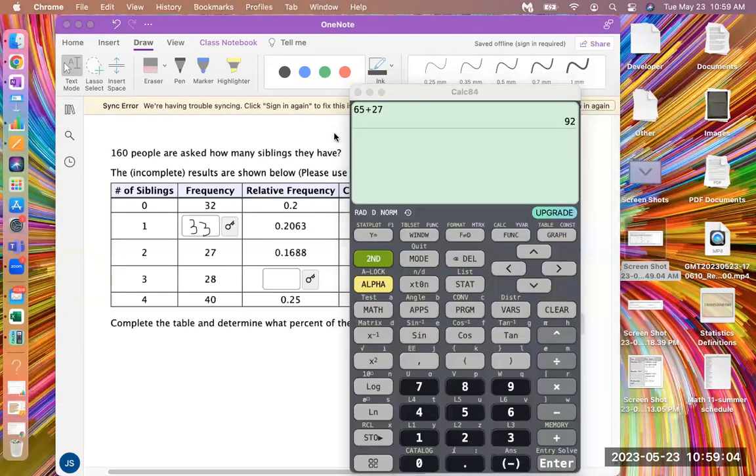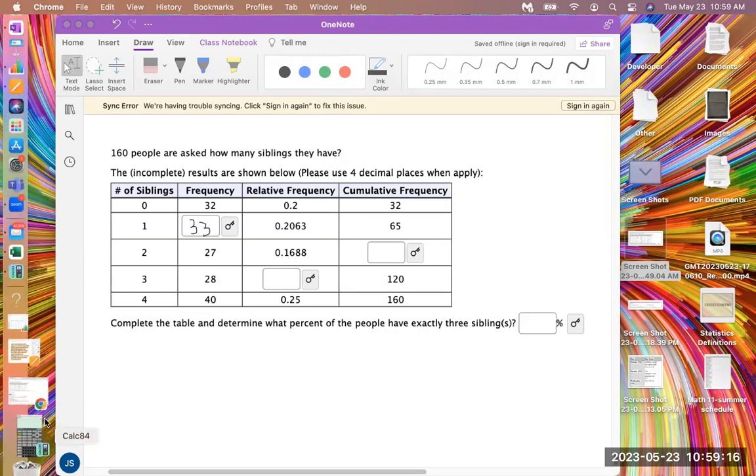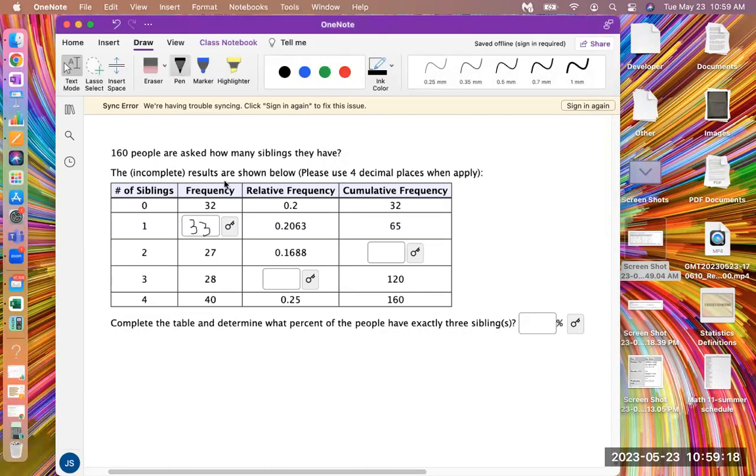All right, the last question they're asking here is to complete the table and determine what percent of the people have exactly 3 siblings. Well, we already calculated that this answer was 0.175, I believe.